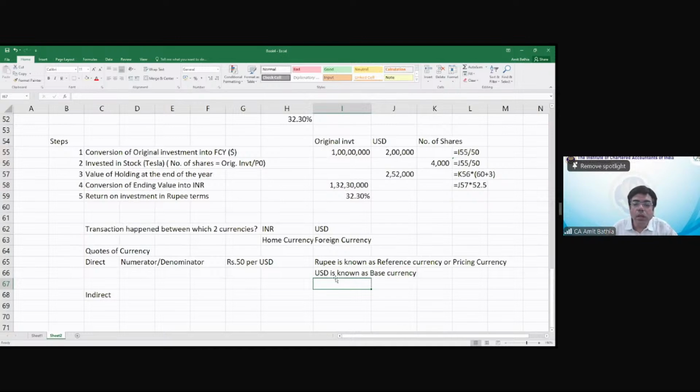Now, in this case, currently, rupee also happens to be my home currency. So I can also write over here, rupee is my reference currency or pricing currency, also home currency. It's the same thing, but being referred to by three different names. Does that change the concept? The answer is no. As long as I am buying something, remember my currency is INR, Indian rupee.